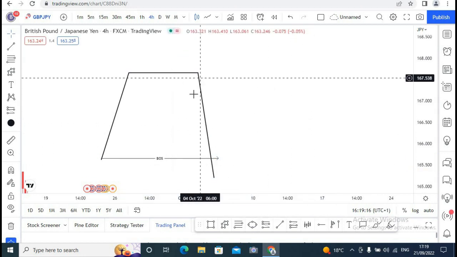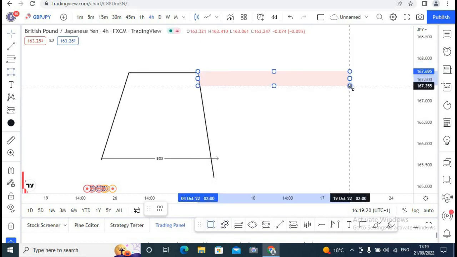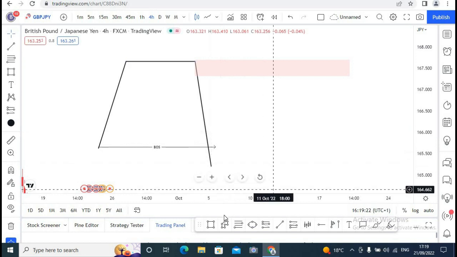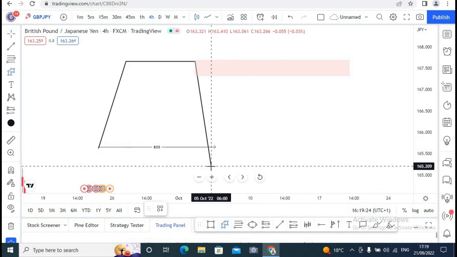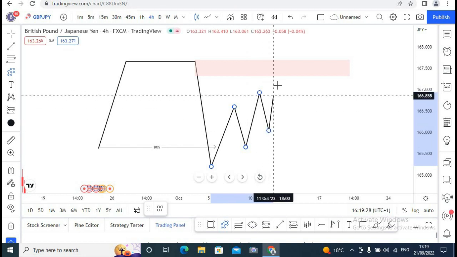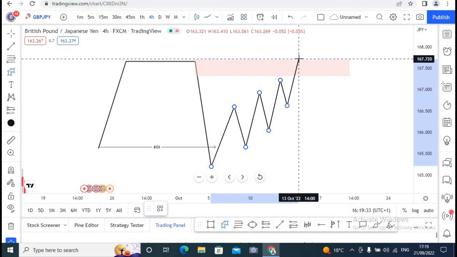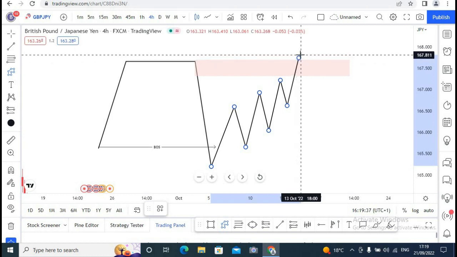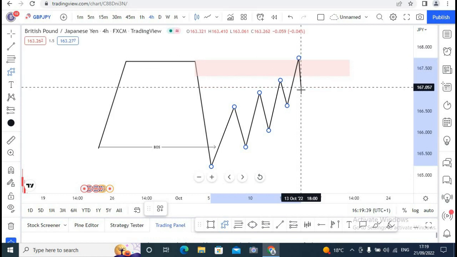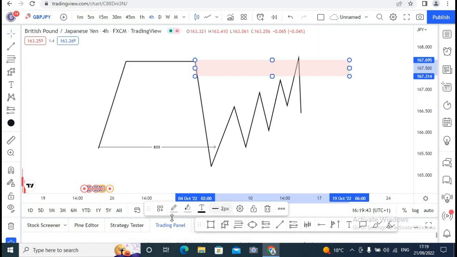Okay, so this will now become our break of structure, and this will now become our supply level. The next thing which we anticipate is a correction, right, a correction, and then sometimes they will give you a first move after reaching the supply, and then they will not close bullish, right, but they will close bullish with a wick, right, and then go down. This is what you have to understand.